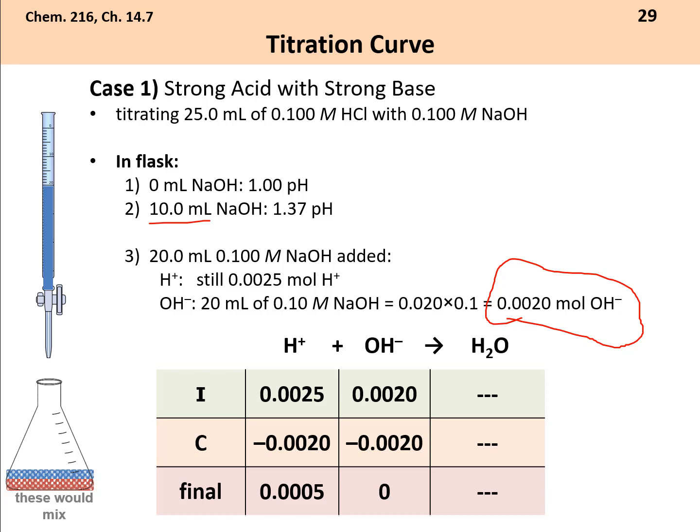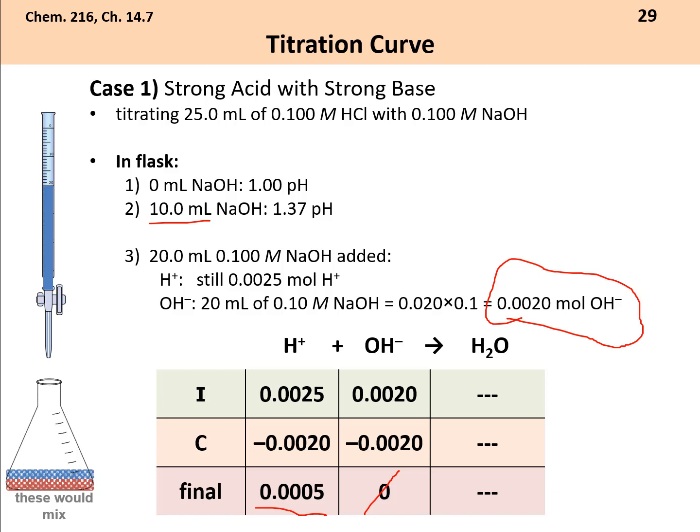I started off with 0.0025 moles of H+. I have 0.0020 moles of OH-. I still have more H+ than OH-, so all my OH- reacts, and I still have some leftover H+.